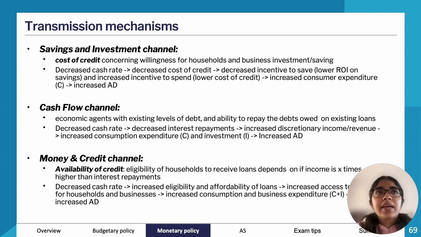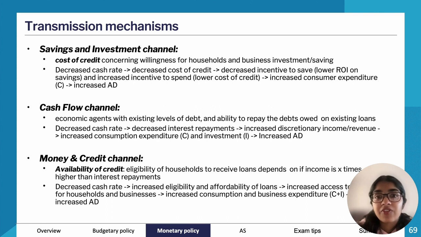So let's say the cash rate is higher. Let's just talk about the current situation. The cash rate is high, about 4.85%, I think. And this means that people who want to borrow that money have to pay higher interest rates on their borrowing. So let's say they borrow $1 million.